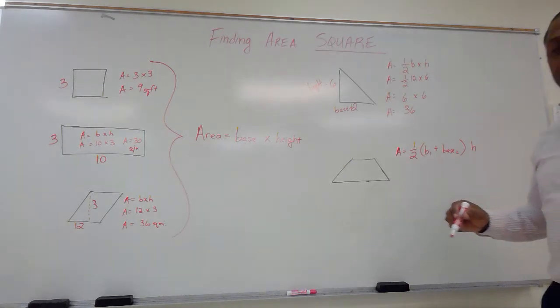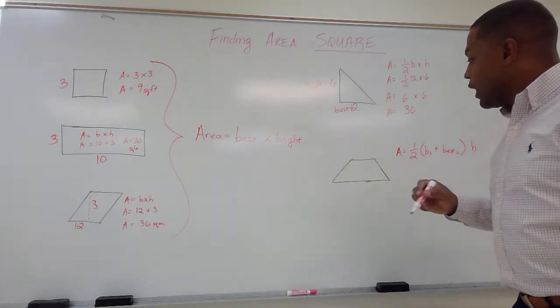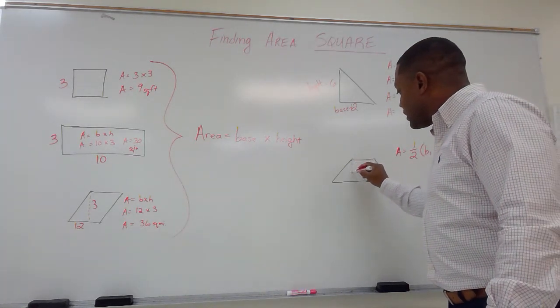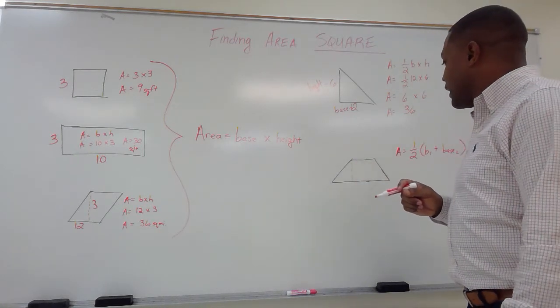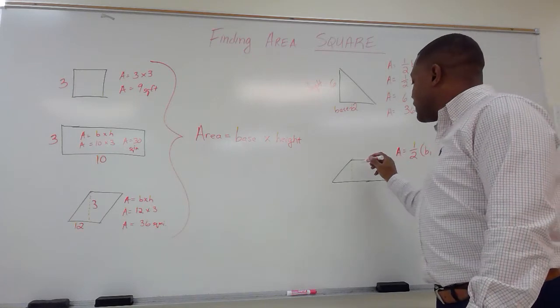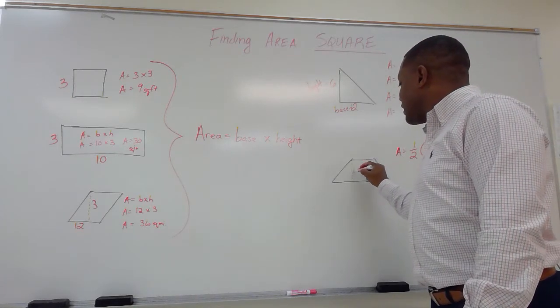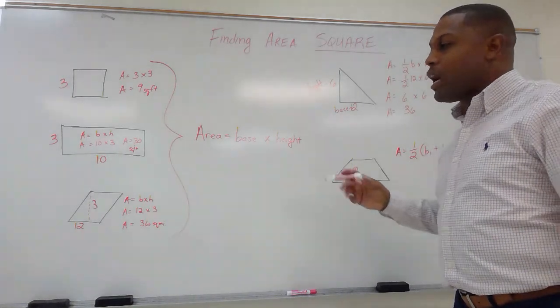Now again, we find ourselves with a shape that has a leaning side. So we're going to draw this perforated line to show us the true height, and let's say that is 10. Why not?